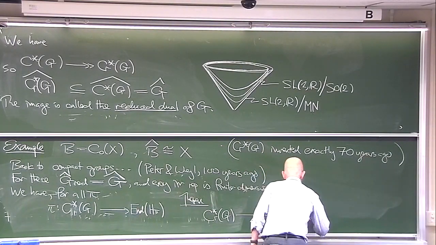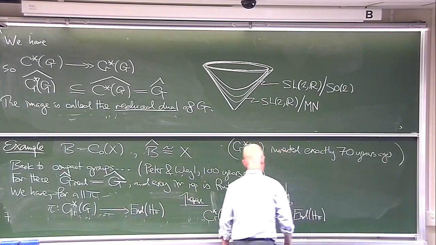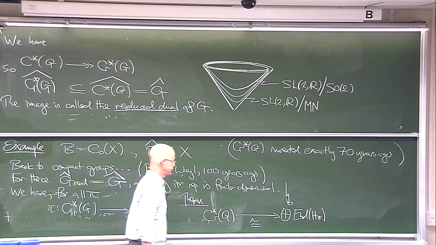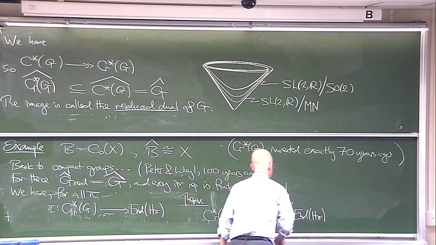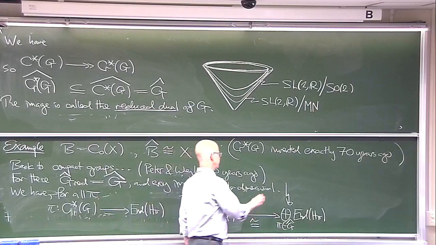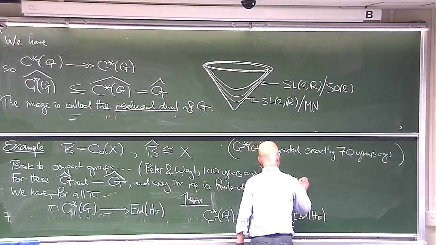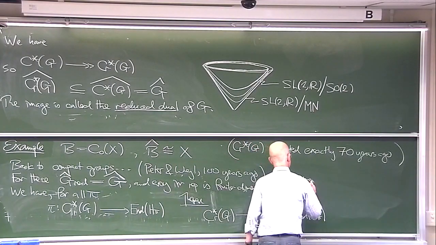Which is an isomorphism of C-star algebras. The sum here is over all irreducible representations of G, up to equivalence. I just need to tell you that this is what's called the C0 direct sum.